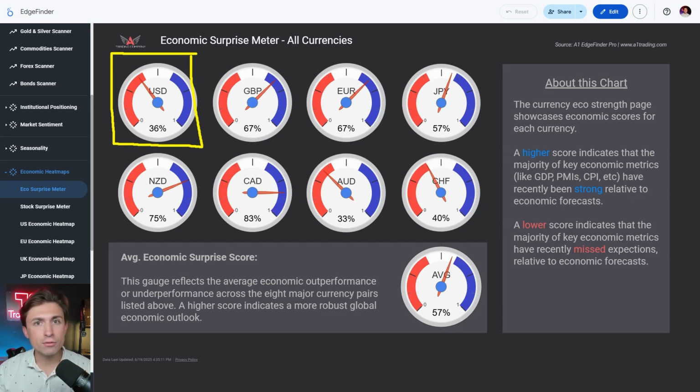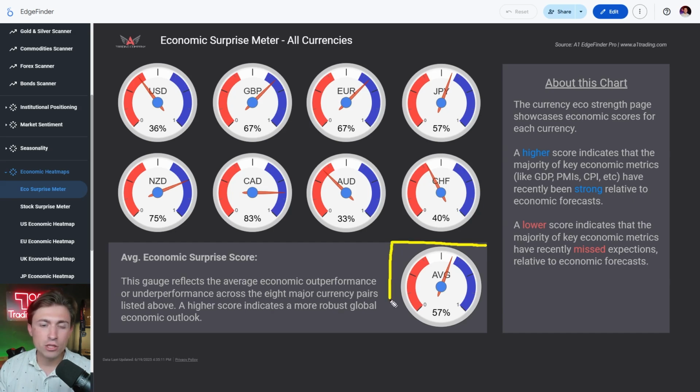We've automated this full process to make it available to currency traders to get an idea of which currencies are beating expectations and which ones are falling short. And we also went one step beyond this and we built an average overall economic surprise meter. Now, listen in close if you are a gold trader.